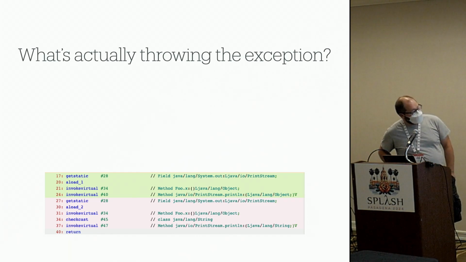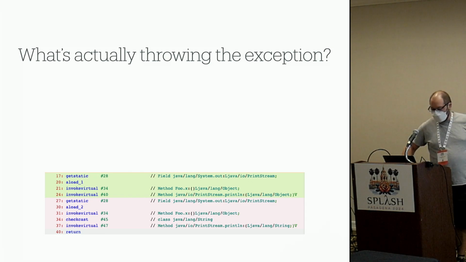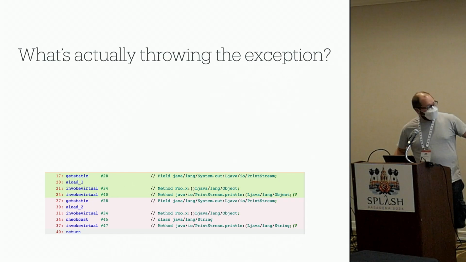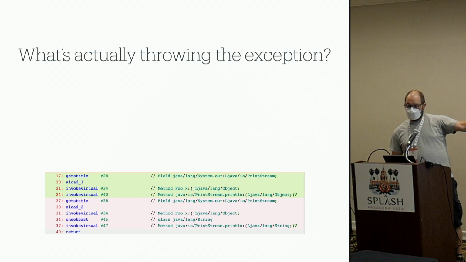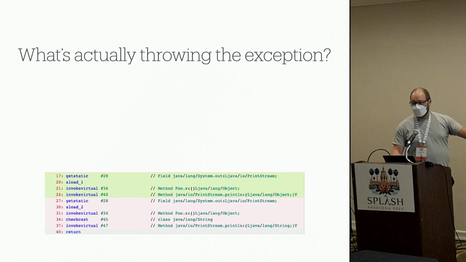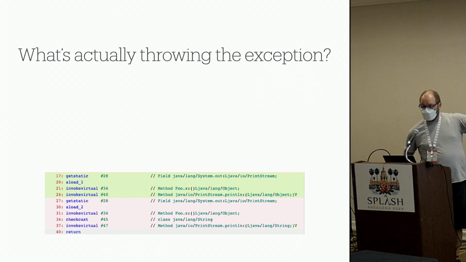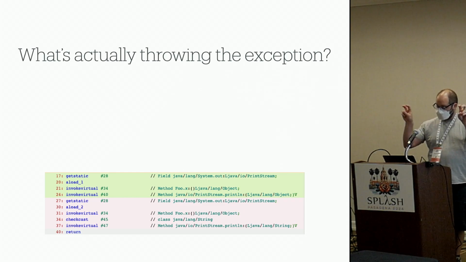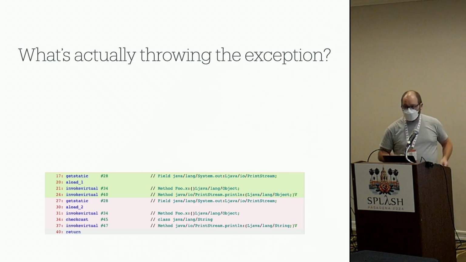It looks a little less readable in this format than when I prepared the slides, but we'll go with it. This is the JVM bytecode for the two print lines, the last two lines of that first example, where we first print the value in the integer container and then print the value in the so-called string container that actually has an integer.